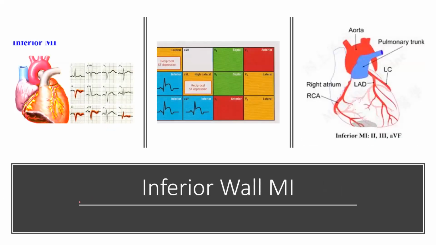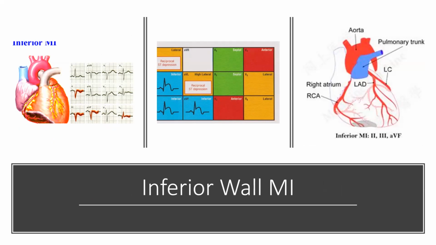Okay. So let's take a look at each type of MI. Let's begin with inferior wall MI. The area called inferior wall MI, right over here, as you can see, is shaded.